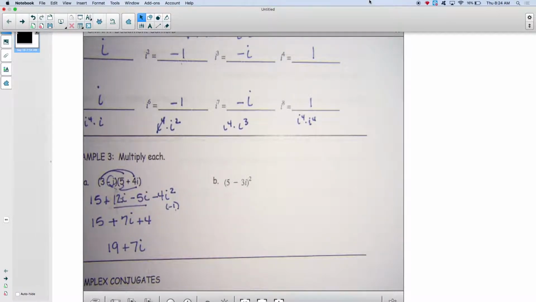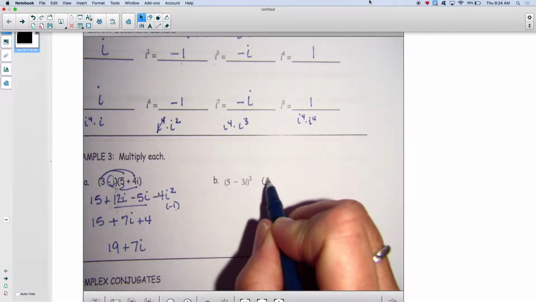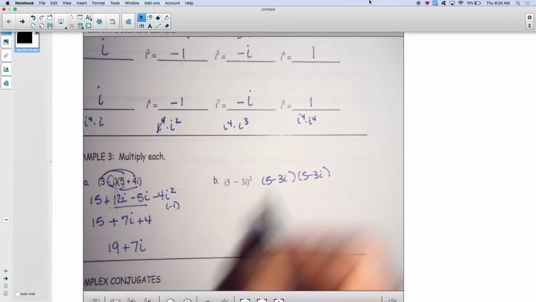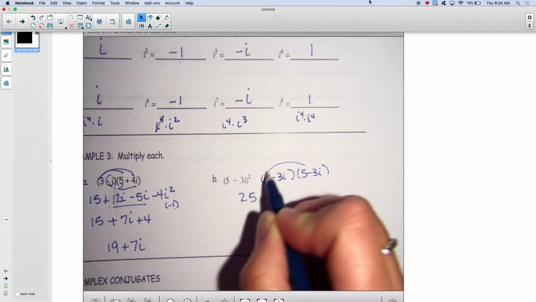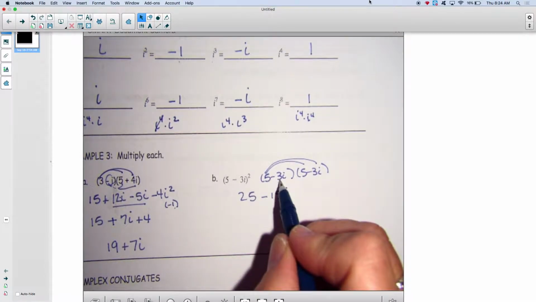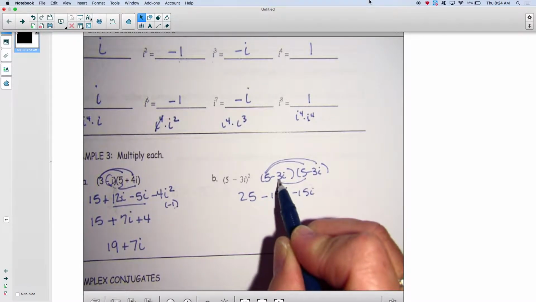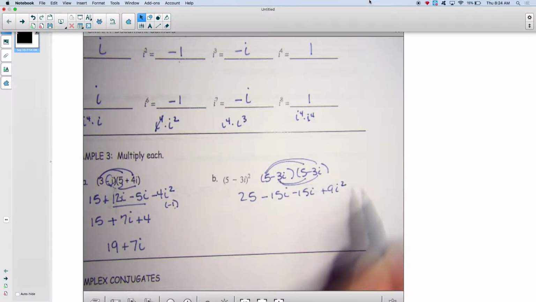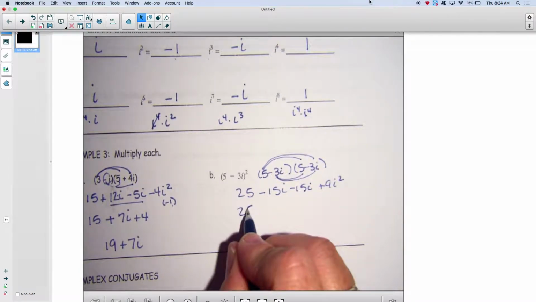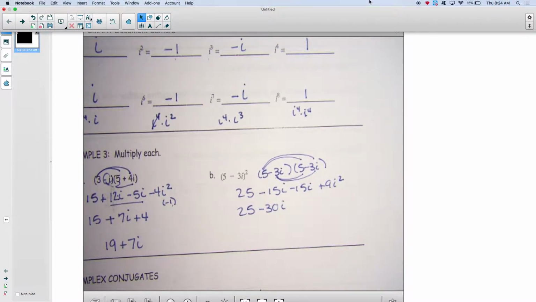Okay, how do we do 5 minus 3i quantity squared? This is 5 minus 3i times 5 minus 3i. 5 times 5. 5 times negative 3i. Negative 3i times 5. And then there's 9i squared. 15 plus 15 is 30, so negative 30i.